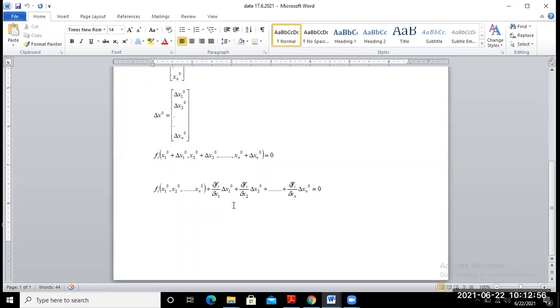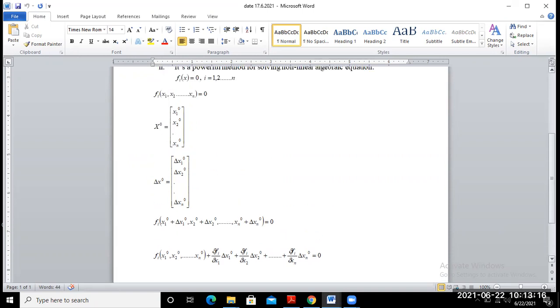Now how can we write fi at x0, that means f1 x0, f2 x0, up to fn x0. Just continue from this point.